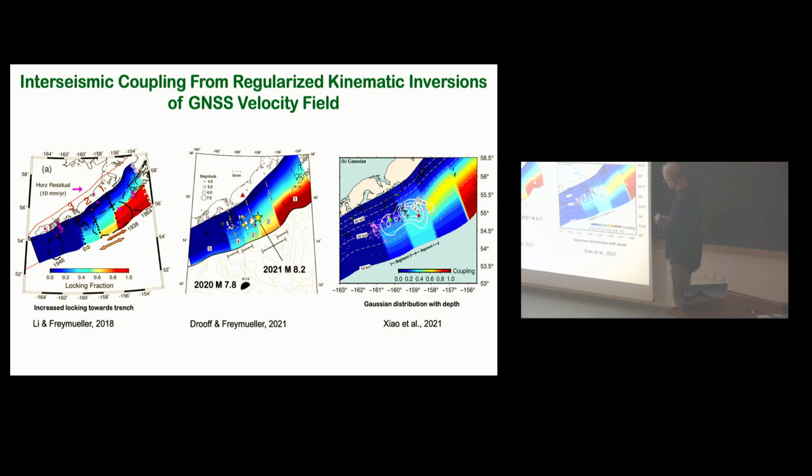In this model, the constraint was using a Gaussian, so kind of going back to a model in which you have peak coupling somewhere in the middle, decaying to the edges, which fit the data equally well. So given that these models and these models fit the data equally well, that just tells you that maybe we can't say so much about details of coupling from these geodetic inversions.